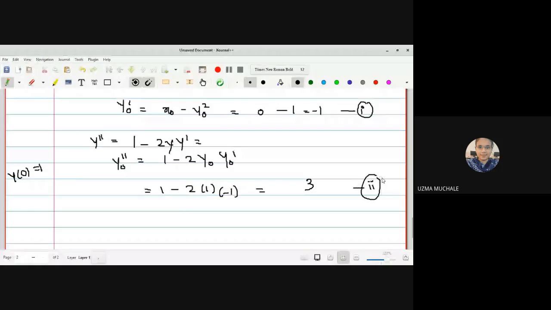Let us go for the next one, that is y triple dash. We have to find out the derivative of this one. The derivative of 1 will be 0, minus 2 times the derivative of this term, which we have to evaluate by using the product rule.